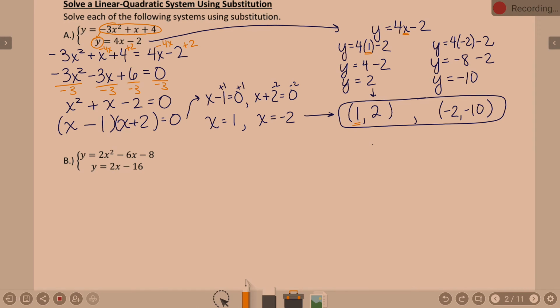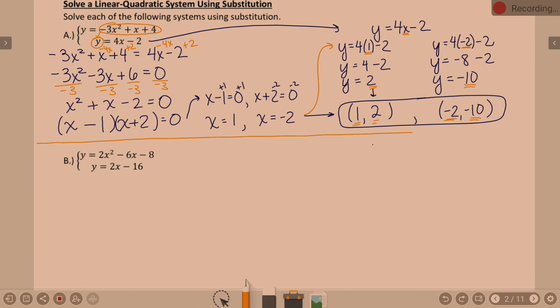Over here, I plugged in negative 2. When I plugged in negative 2, I got out negative 10. Does that make sense? Yes. It wasn't magic, I promise you. I did go up here and plug them in up there.